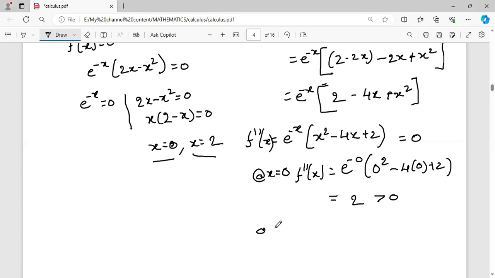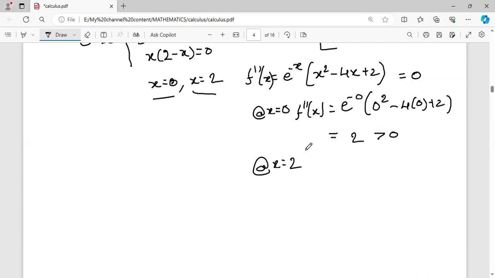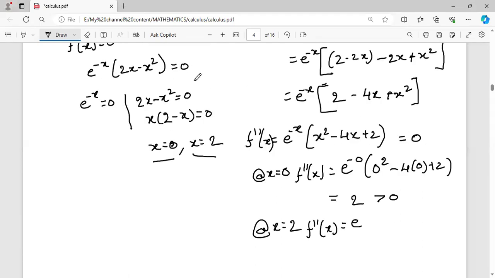Next, coming to x equal to 2. So f double dash of x equal to e power minus 2, here x square means 2 square minus 4 into 2 plus 2. So what is this value?